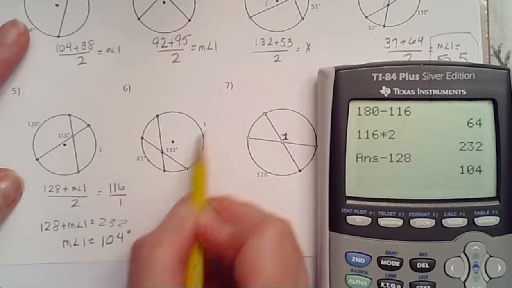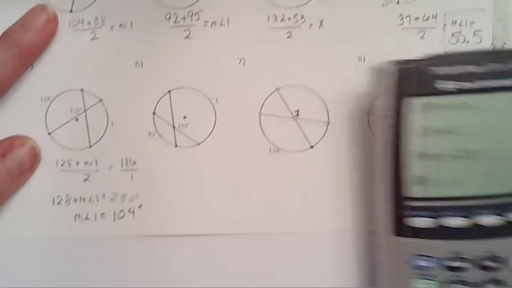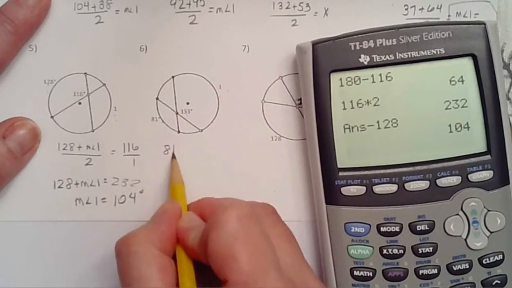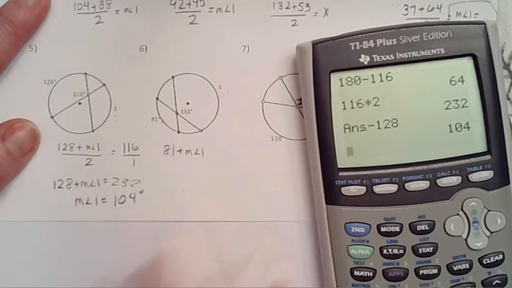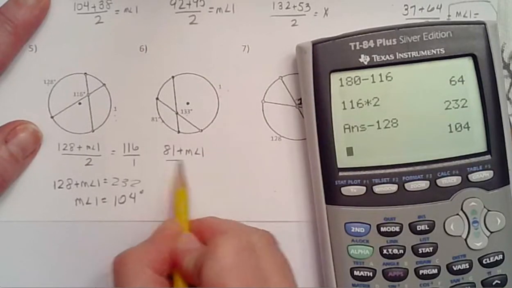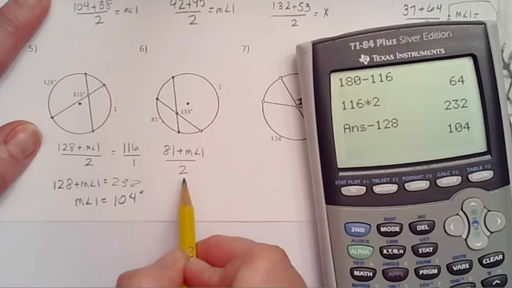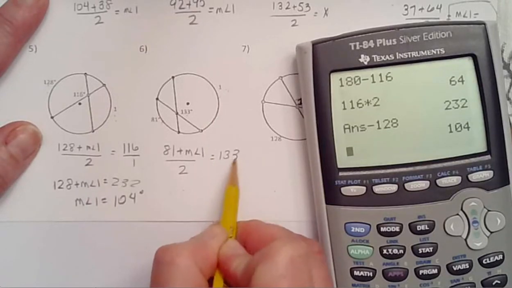Arc plus arc divided by 2 is 133, so let's do it. 81 plus the measure of angle 1, make it an x if you feel better, divided by 2, because it's their average, is equal to 133.